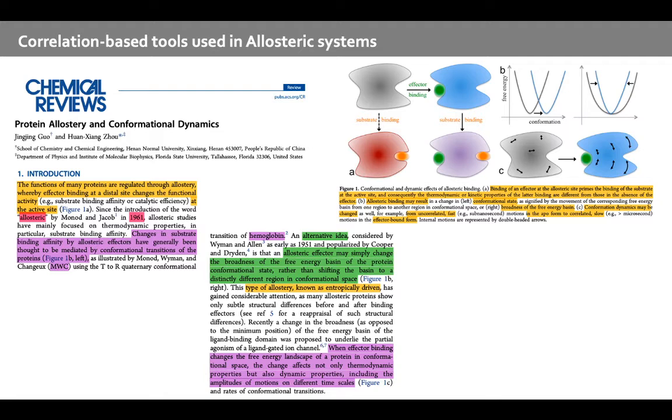This is interesting to analyze in the enzyme, for example, in the apo state, or once the effector is bound, and at different stages of the allosteric mechanism.